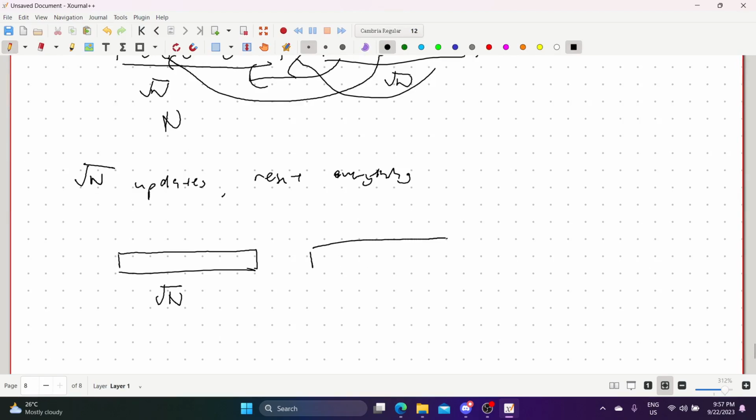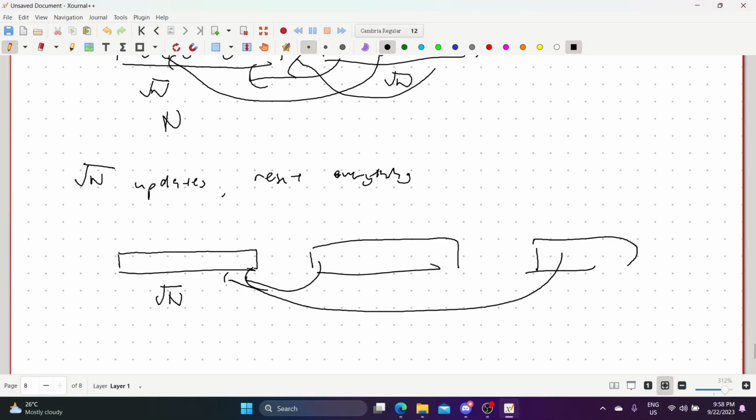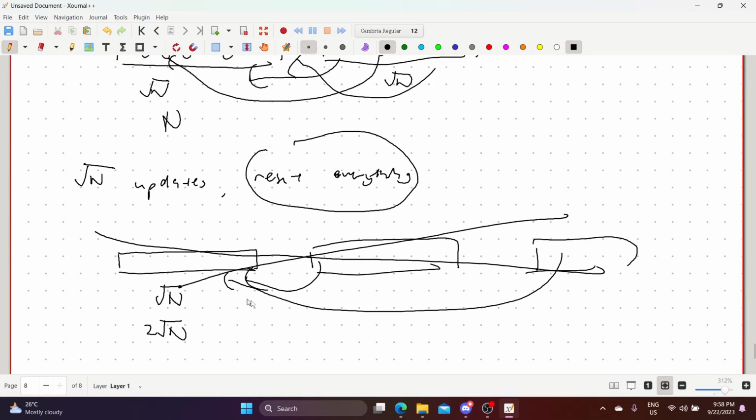It's possible that after the updates, each of the square root n updates all put here. So the bucket size can go up to 2 times square root n. But after that, if you reset everything, we break up the buckets all over again. We remove all the buckets, and then we look through the array as the original array, and make new buckets. So in the new buckets, everything is back to square root n.